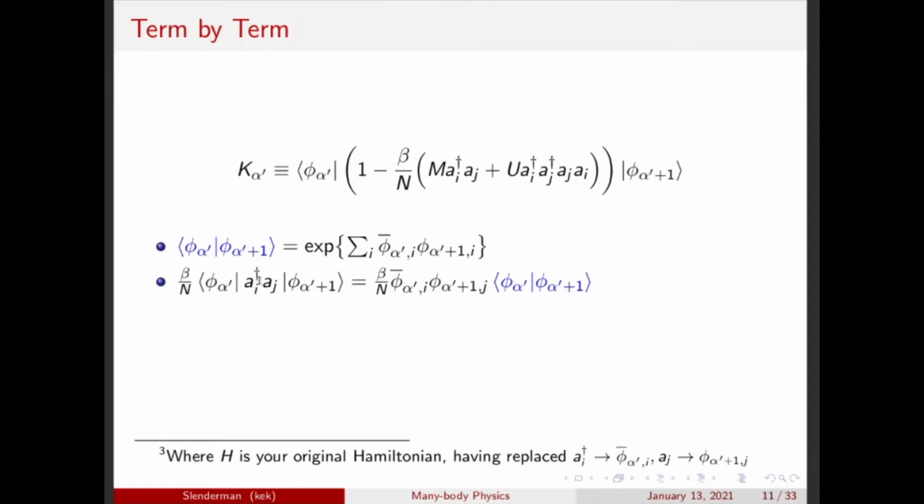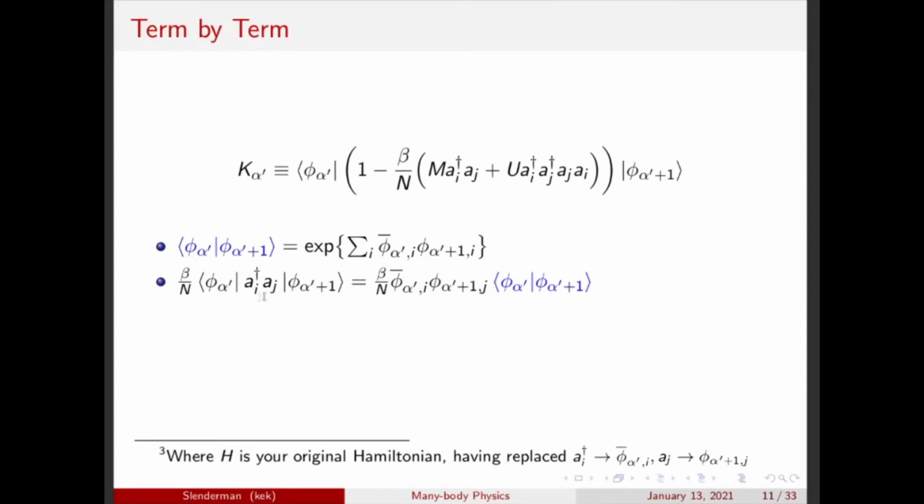Because the coherent states are left and right eigenvectors of these creation and annihilation operators, we can use the earlier definitions to simply move this creation operator to the left, apply it to this phi coherent state, move this annihilation operator to the right, apply it to this coherent state, and this extracts the field phi alpha prime at these lattice sites i and j.